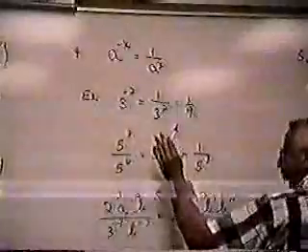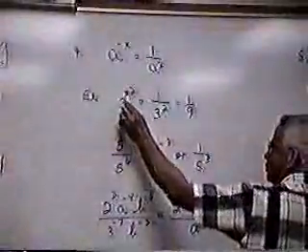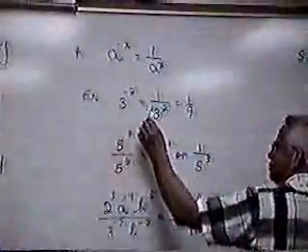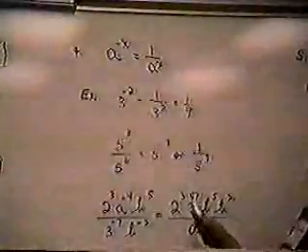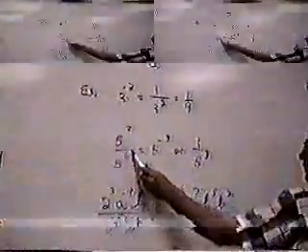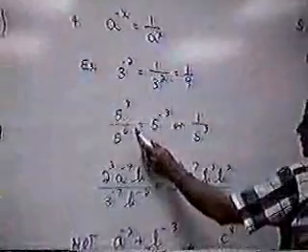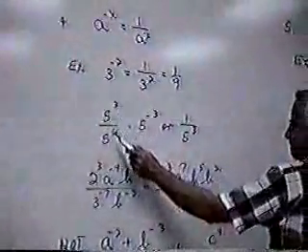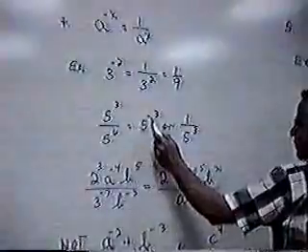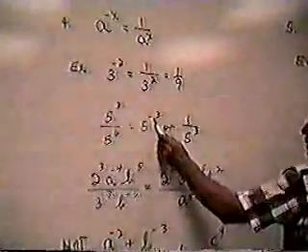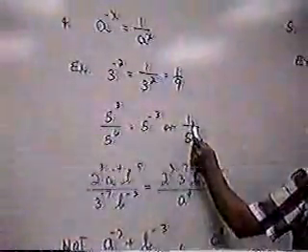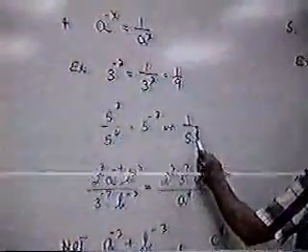Or another way that sometimes can be used is you can just move this down. Just move this down and change it to a positive power. I'm going to show you where you have to be careful about that, but that's not a bad idea to remember. All right, here's the other example that covers what I've talked about before. 5 to the 3rd divided by 5 to the 6th is 5 to the minus 3. So what do we do with a base raised to a negative power? We write it as 1 over the base raised to a positive, same power.